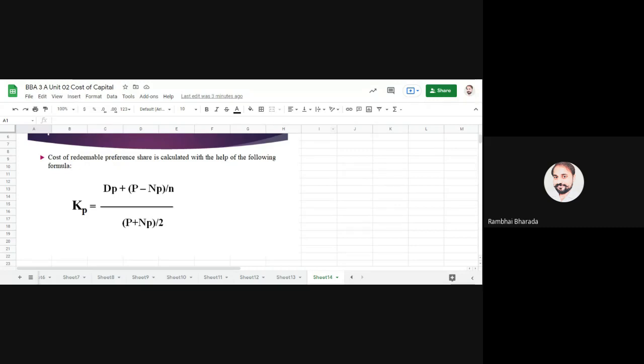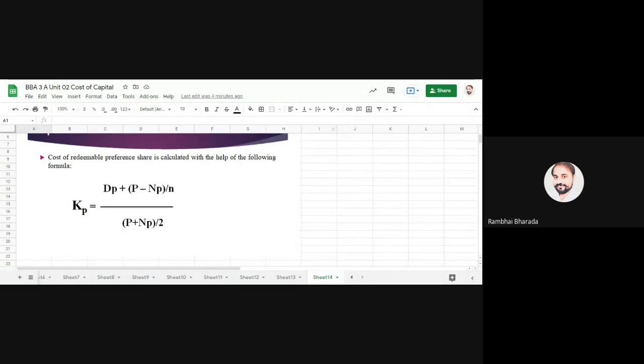P stands for redeemable price, and some authors say present value. So you may write P or RP, both are right. So RP minus NP. RP, again I told you, redeemable value. NP means issue value. Divided by N. N stands for number of years. Suppose 10 years, 20 years, 5 years.